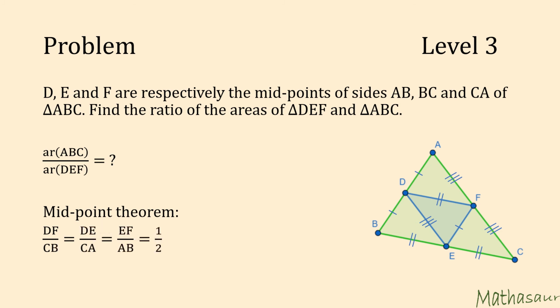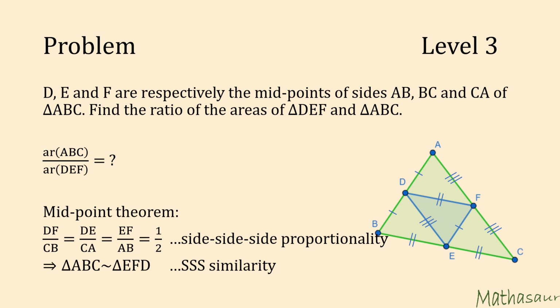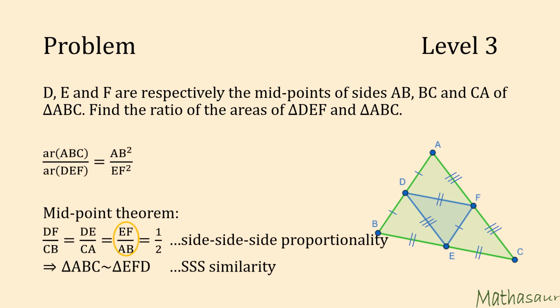Now instead of BC, let us write CB and instead of AC, let us write CA. Now they are corresponding sides of triangles ABC and DEF. So by side proportionality, we see that triangle ABC is similar to triangle EFD. Now since the two triangles are similar, the ratio of their areas would be equal to square of their corresponding sides.